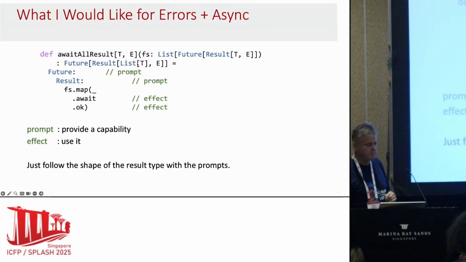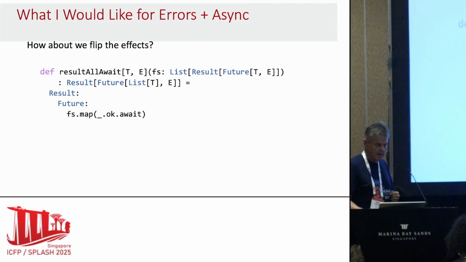So each of these things, a prompt, future and result, essentially represents a handler, and then each of these operations is an effect. So a prompt provides a capability, and an effect uses it. And we just follow the shape of the result type with the prompts. For each constructor in the result type, we give you a prompt that produces values of that result type.